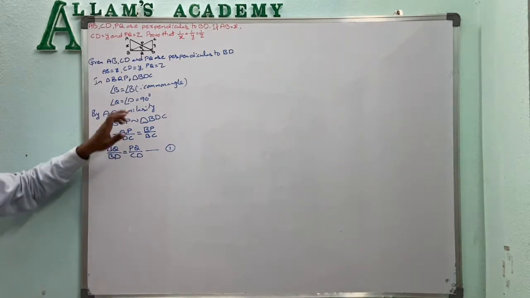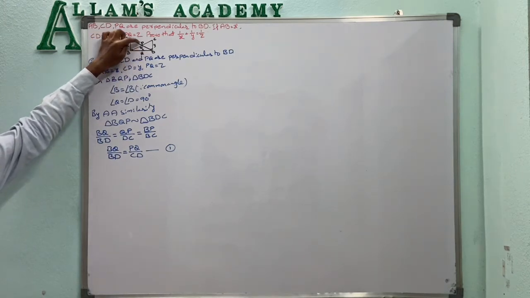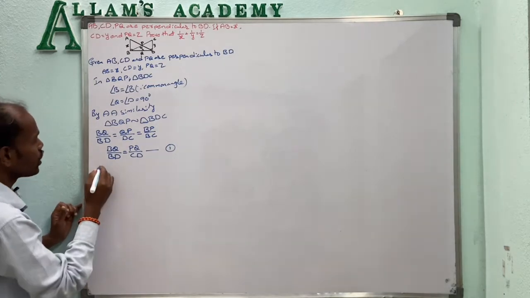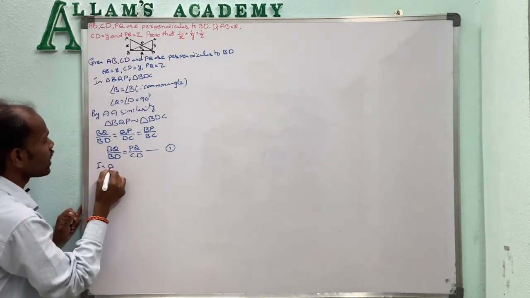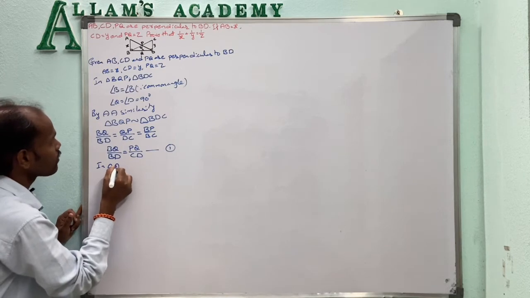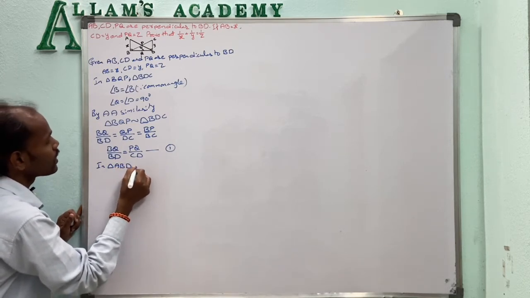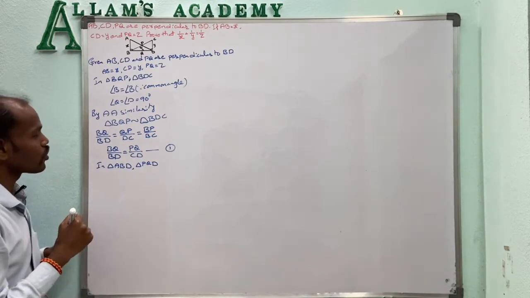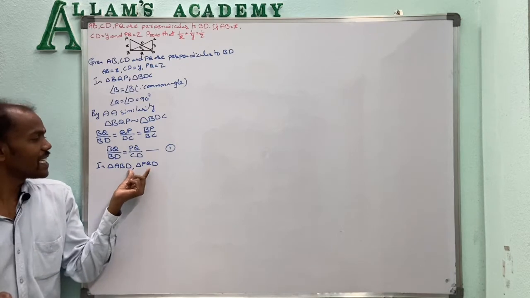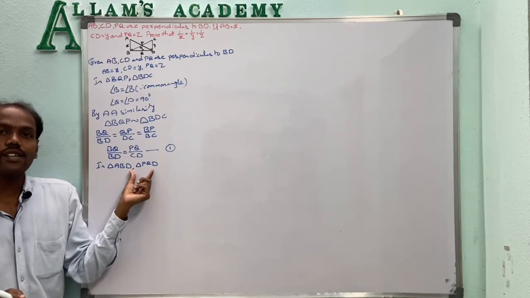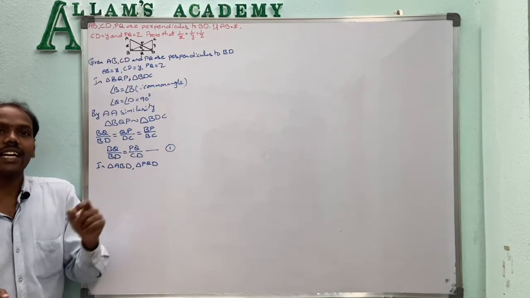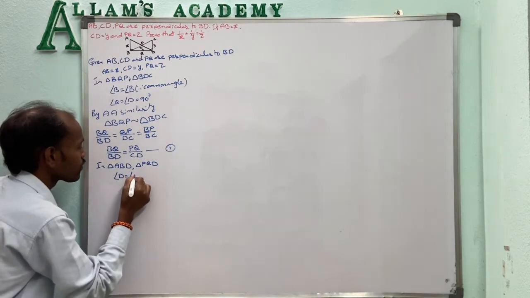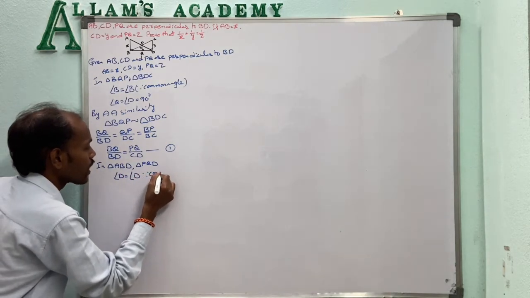Next, similarly, if we observe triangle ABD and triangle PQD, in these two triangles D is the common vertex. So angle D equal to angle D, common angle.